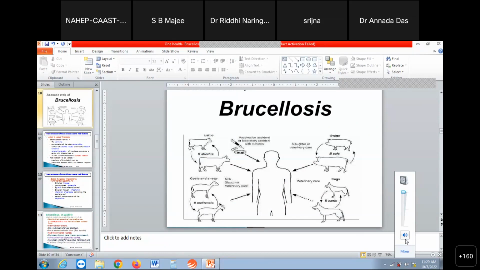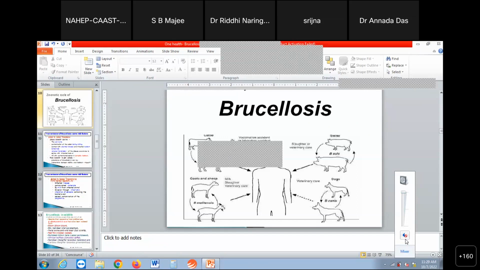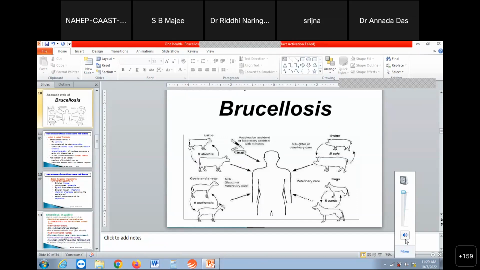So here you see that the human being is the final or end host and is always on the receiving end as far as these organisms are concerned. But how to remove the organism from these populations, from these niches, is the biggest challenge which the veterinarian is facing today. And even with the best of control programs in place, it is a very difficult task to clear these niches of these organisms.